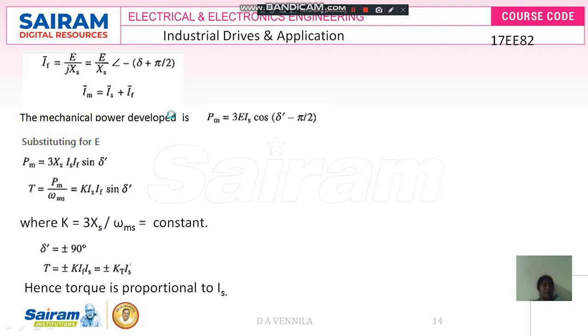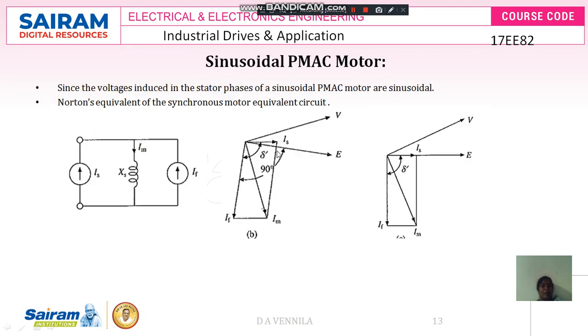Here IS is the stator current and E is the induced EMF. IM is equal to IF plus IS. This is displayed with an angle of 90 degrees, this with an angle of delta dash, and E and IF are displayed at an angle of 90 degrees.